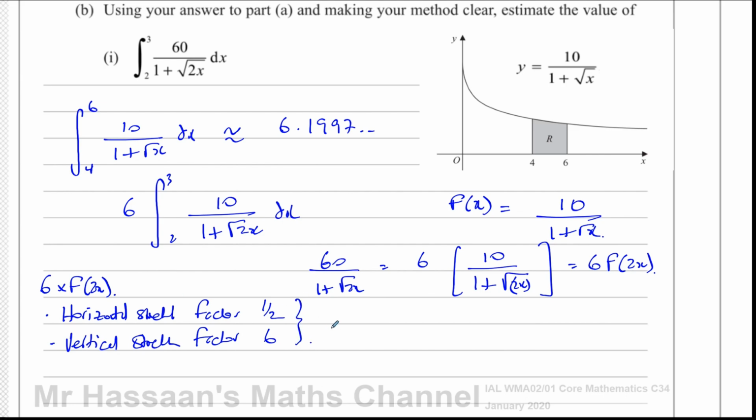So how does that affect the area? So the horizontal stretch of factor a half will basically make this become a half of the area. So basically what's going to happen is, we want to find, and we can see that we're finding the area between 3 and 2. Okay, between 3 and 2 is going to be over here.